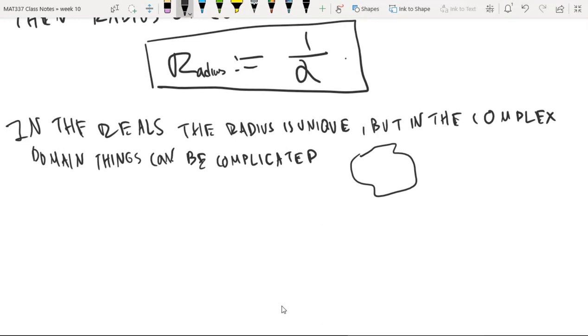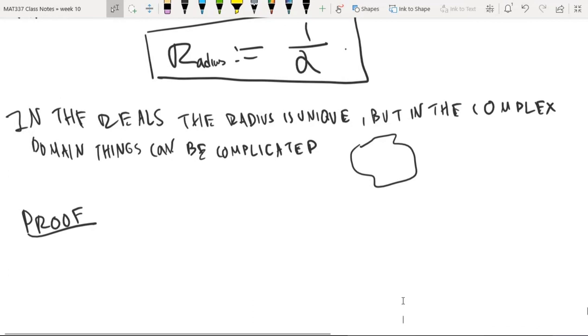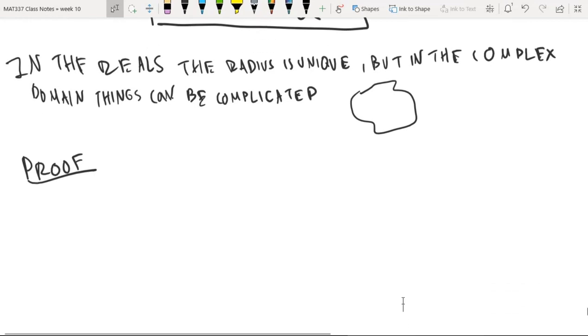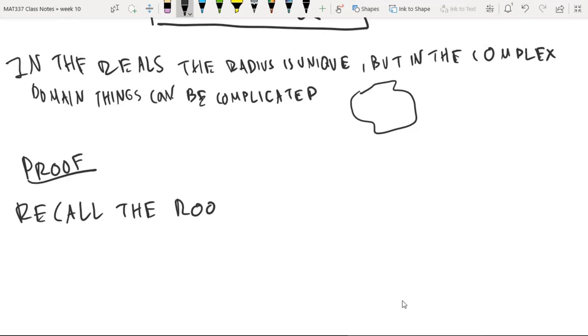Right, so let's prove this. Again, recall it's called the root test. What is it?